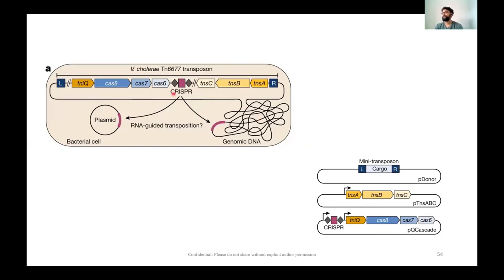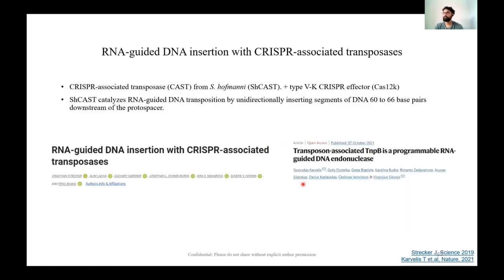This is basically, again, a representation of what vectors they used if you are interested in performing it, or reading a bit more into that. But now, just a few months ago, a paper came out on transposon mediated RNA programming in mammalian systems.